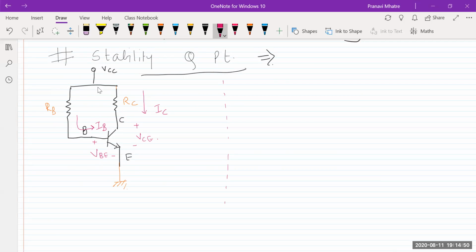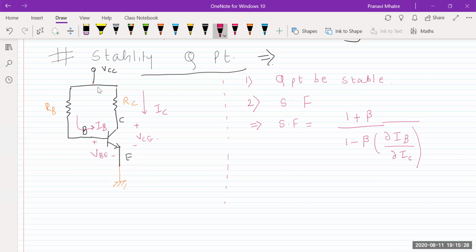When I am studying this circuit, my focus should be that the Q point should be stable. The second parameter I am interested in is the stability factor. The stability factor is given by (1 plus beta) upon (1 minus beta into dou IB by dou IC), which indicates the change.